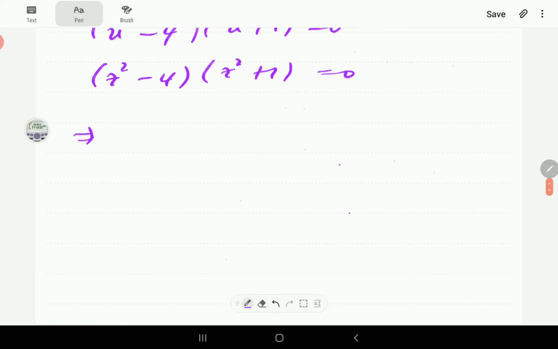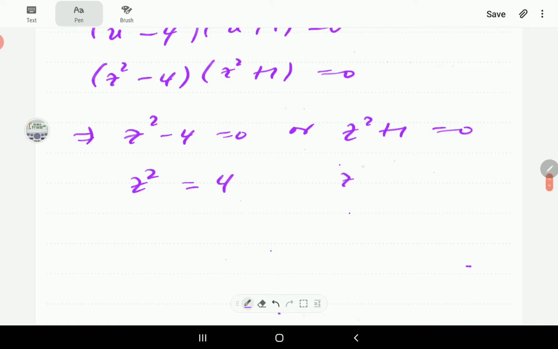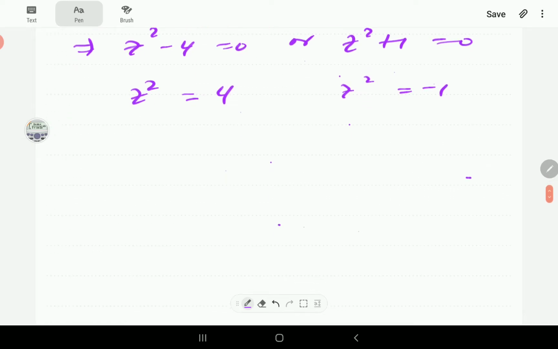At this point, this implies that either z squared minus 4 is equal to 0, or z squared plus 1 is equal to 0. From z squared minus 4 equals 0, it means z squared is 4. On this side, z squared is negative 1.